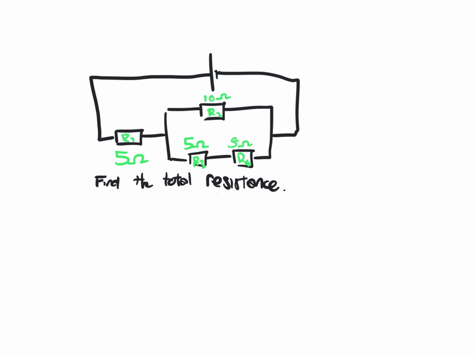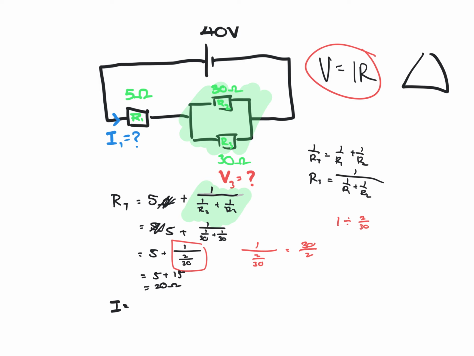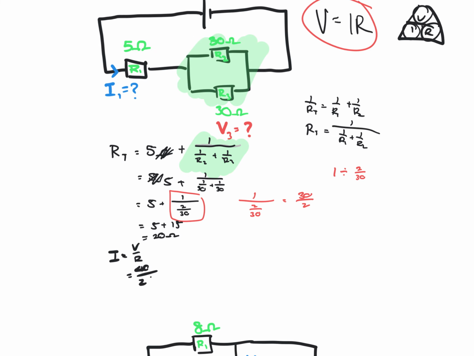So that means I is equal to, what if I find I? V equals IR. I is equal to V over R. My V is 40, my R I found is 20, and that gives me my final answer. Hey, 2 volts. Correct? No. Current is amperes. 2 amperes.